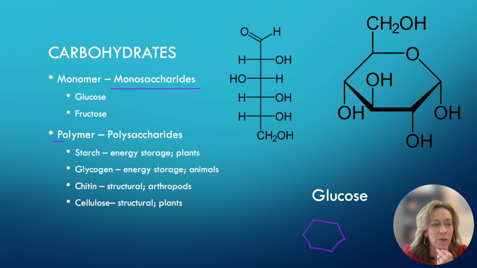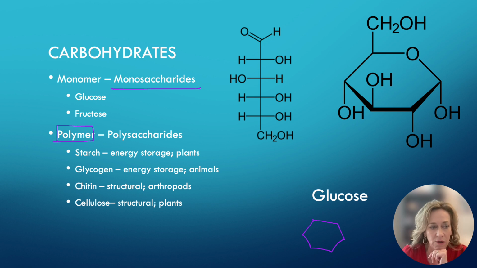Now, it is important that you know something about the polymers of carbohydrates. So I have 4 here that are important: starch, glycogen, chitin, and cellulose. What should you know about those? Well, first of all, they're going to be polymers, right? The actual structure of those polymers, which ones are branched or straight chain, that you don't need to know. Knowing that they're polymers of monosaccharides, great, but not this specific structure.